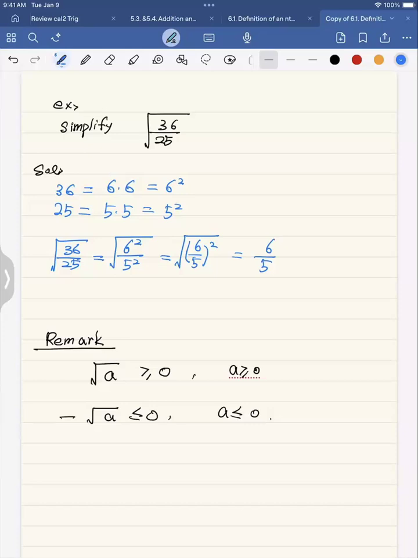As we know, square root of a is always greater than or equal to 0, because we always assume that what is under the square root is greater than or equal to 0. So if we multiply by -1, then it becomes a negative number.